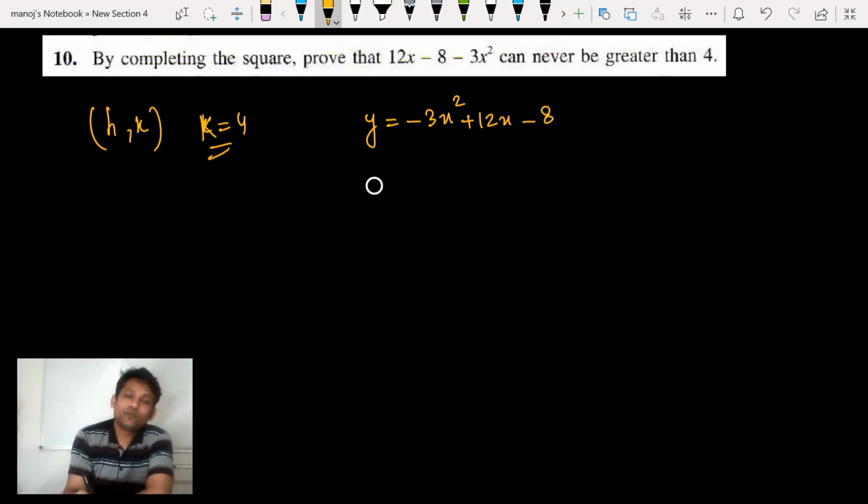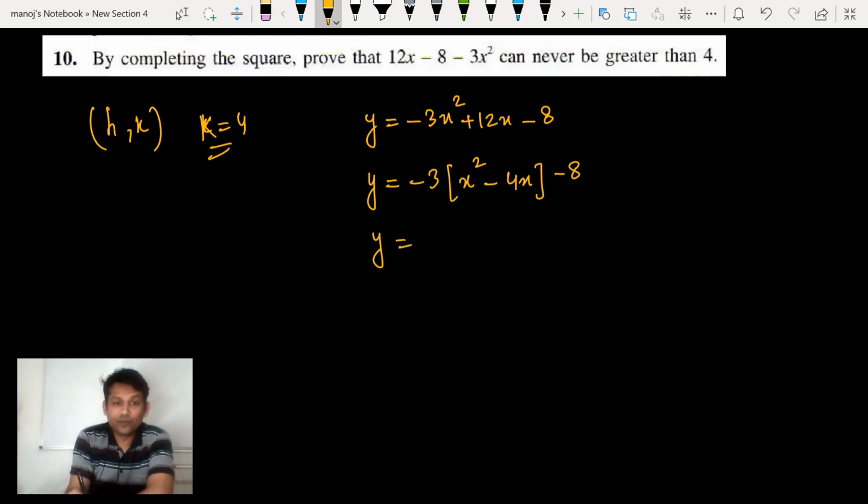When you move to chapters 15, 16, 17, on differentiation, we have another method to find this. In the exam, we have the option to do this question by using differentiation. Minus 3 is common because I want to make x square have a coefficient of 1. Minus 4x, minus 8, copy. I hope that you are understanding what I am doing now.